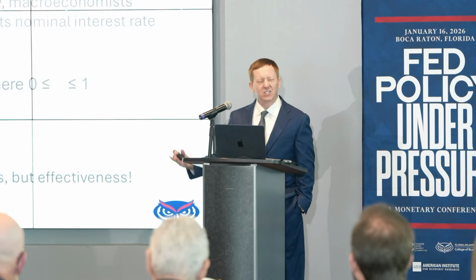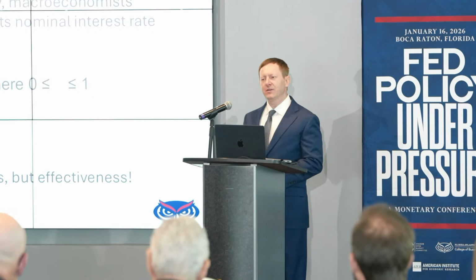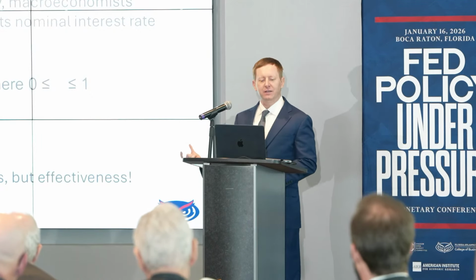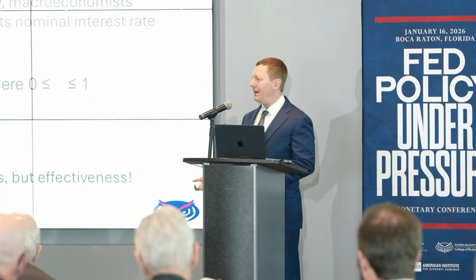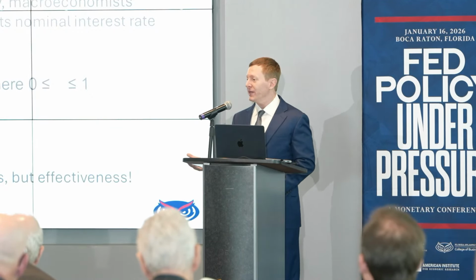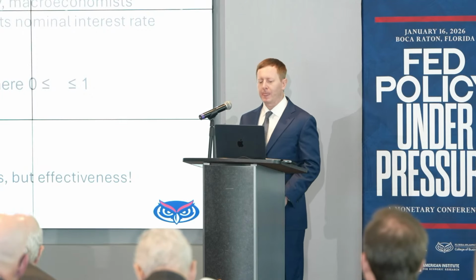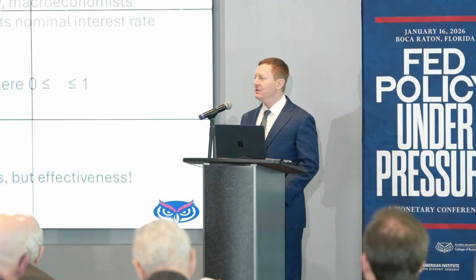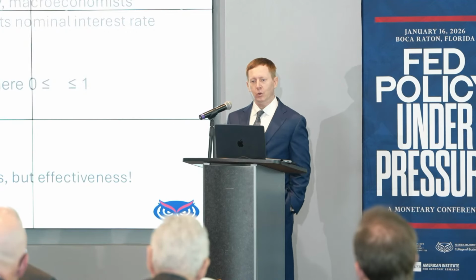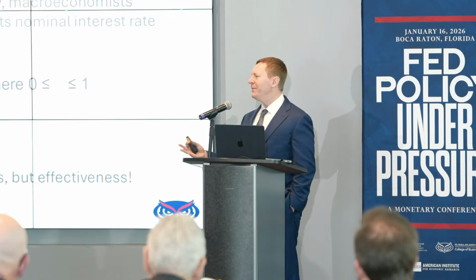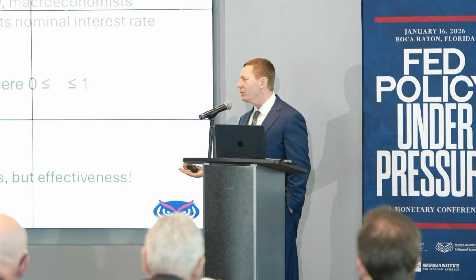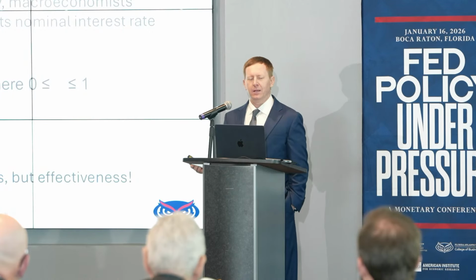And without getting into all the details, what that means is that they're going to adjust their nominal interest rate depending on what's happening to the inflation gap and the unemployment gap, where the inflation gap is the difference between the prevailing rate of inflation and the desired rate of inflation, and the unemployment gap is the difference between the prevailing unemployment rate and the natural rate of unemployment. And there's some debate about how much weight we should put on the inflation gap or how much weight we should put on the unemployment gap.